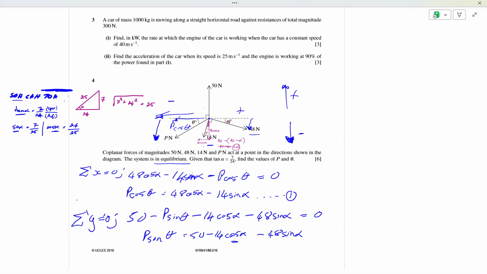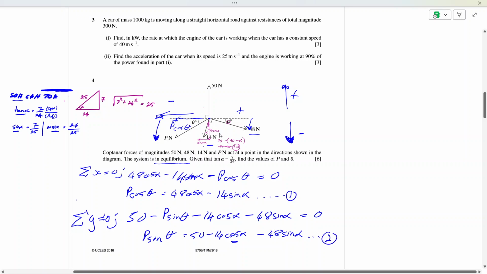Remember, the sine alpha and the cos alpha ratios, we already got these right here. We know that sine alpha is 7 over 25 and cos alpha is 24 over 25. So this is my second equation.